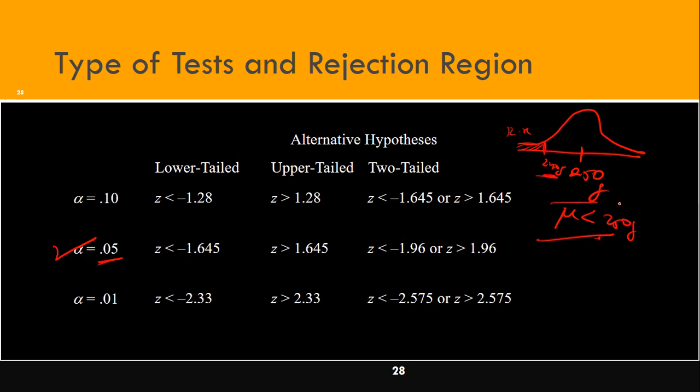So this value needs to be determined by the tester or the researcher. You should know what value, anything less than which should be rejected. This value is called your critical value.